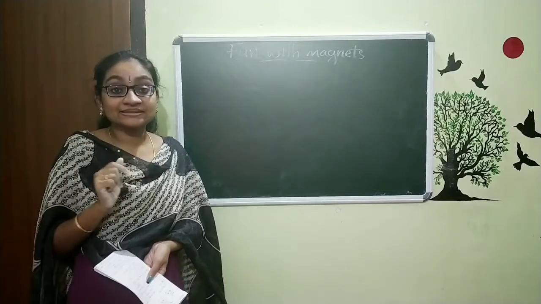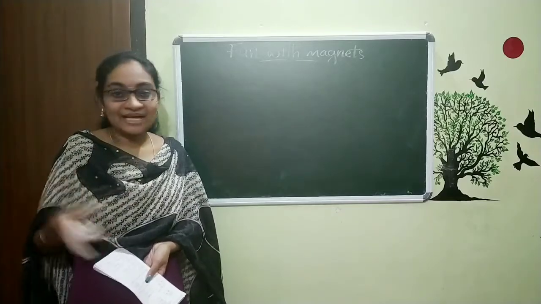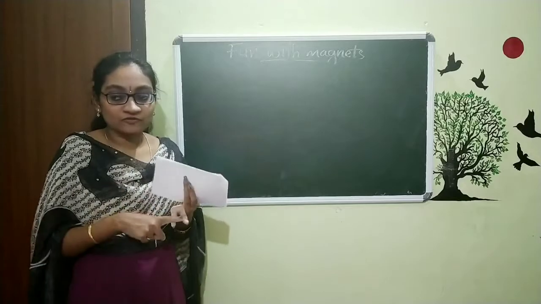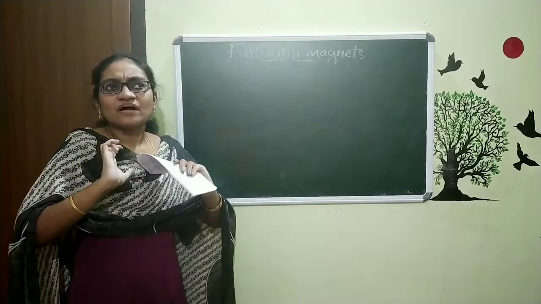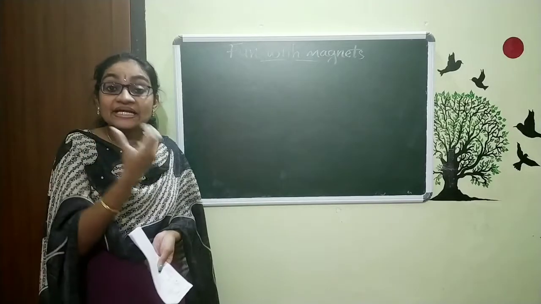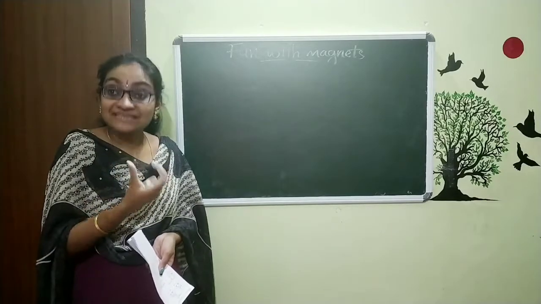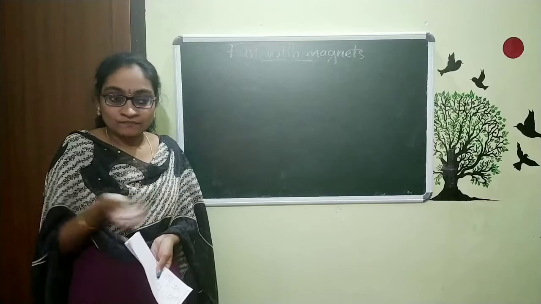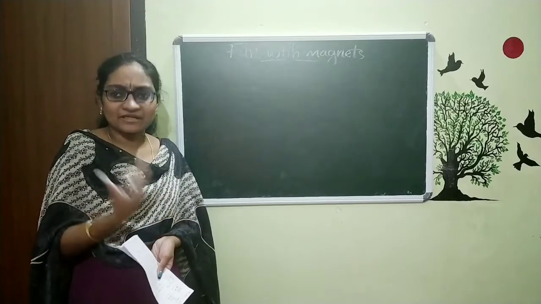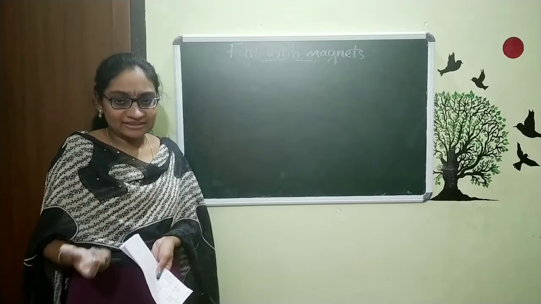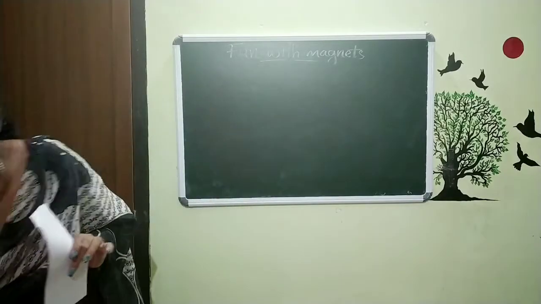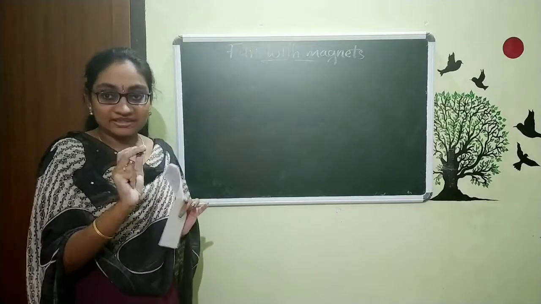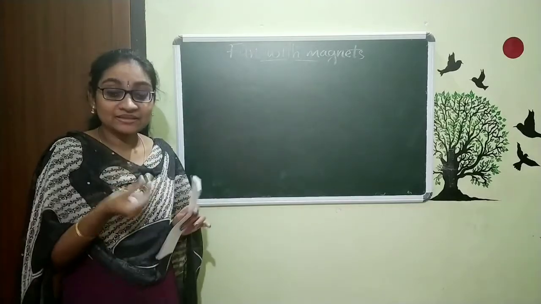And one more thing is don't keep your magnets near television, mobile phones, radio, all the devices which produce sound, which have a magnet inside. Whether it is a permanent magnet or a temporary magnet, some are permanent magnets like this one. This is a permanent magnet. It is always a magnet like this.